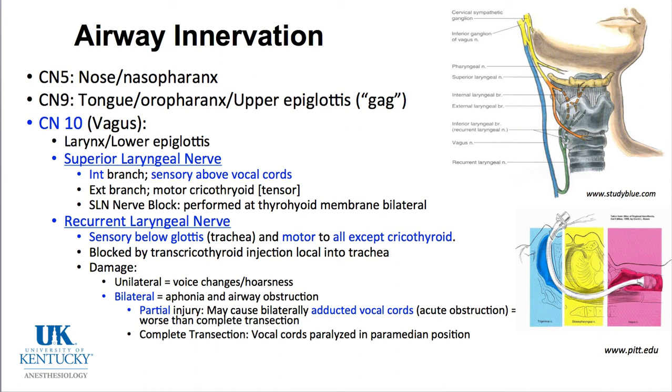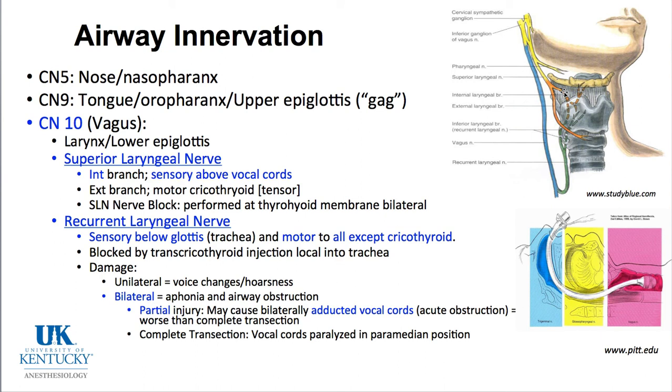The superior laryngeal nerve has two branches, the internal and external branch, and up at the top right shows the internal branch piercing the thyrohyoid membrane and going internally, supplying the mucosa sensory above the vocal cords, as opposed to the external branch of the superior laryngeal nerve, which supplies motor to the cricothyroid, the one muscle supplied by the superior laryngeal nerve.